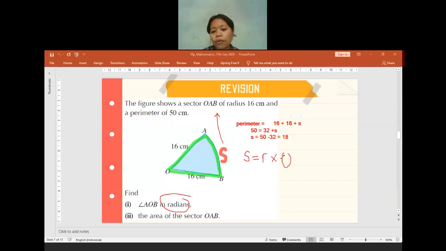Is there anyone who is confused? S is the arc length because S is at AB. AB is a part of a circumference, and a part of a circumference we call the arc length.